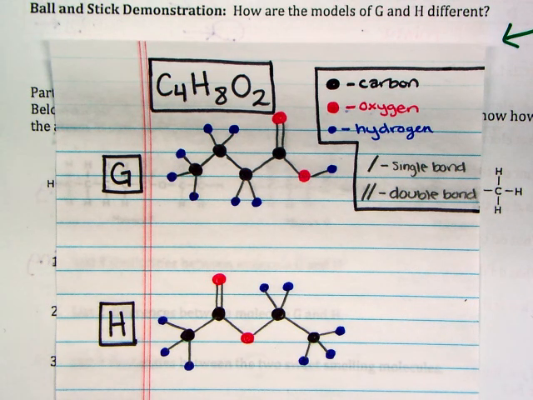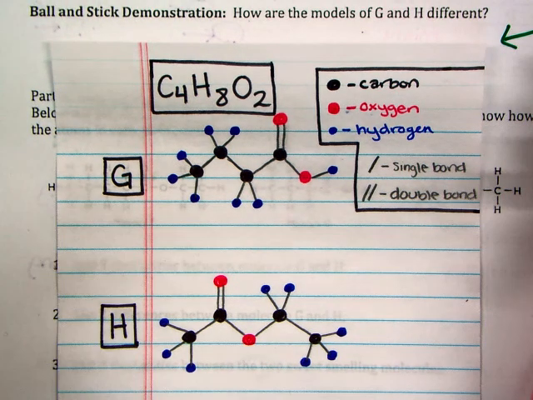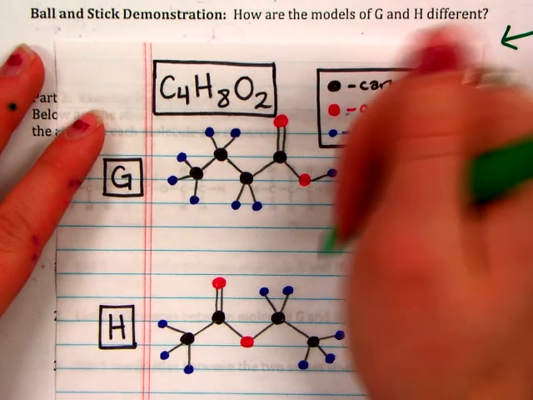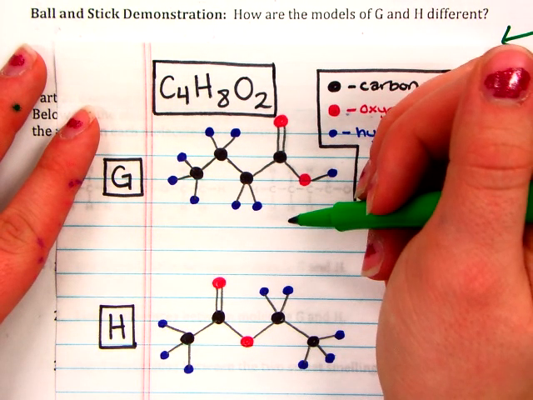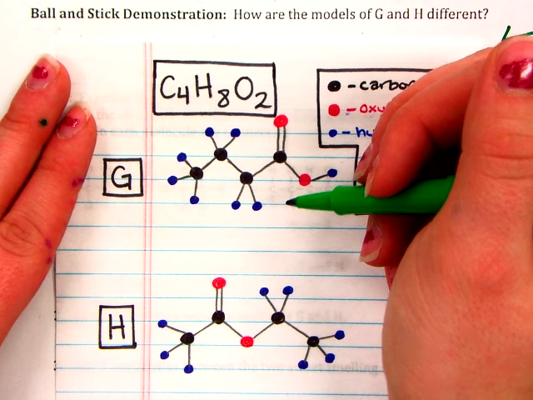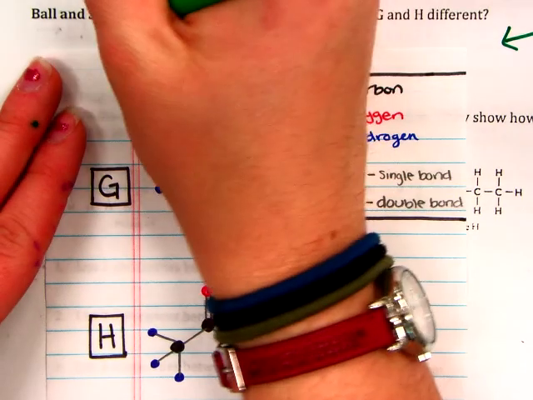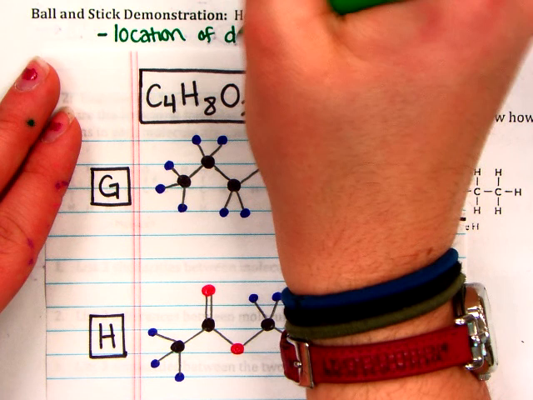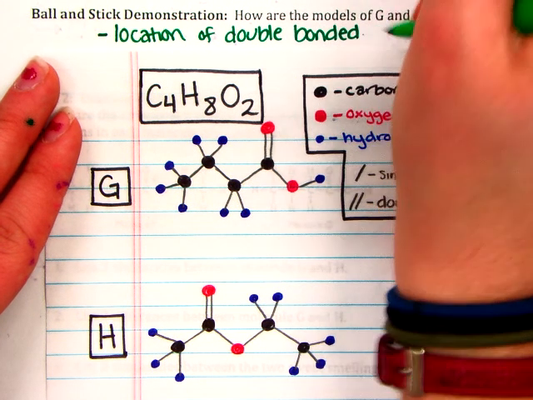Okay, so at this point you should have a couple observations written down under how are the models of G and H different. Looking at the two models, let's go through this. They do all have the same number of carbon, oxygen, hydrogen. But one way that they are different is the location of the double bonded oxygen.